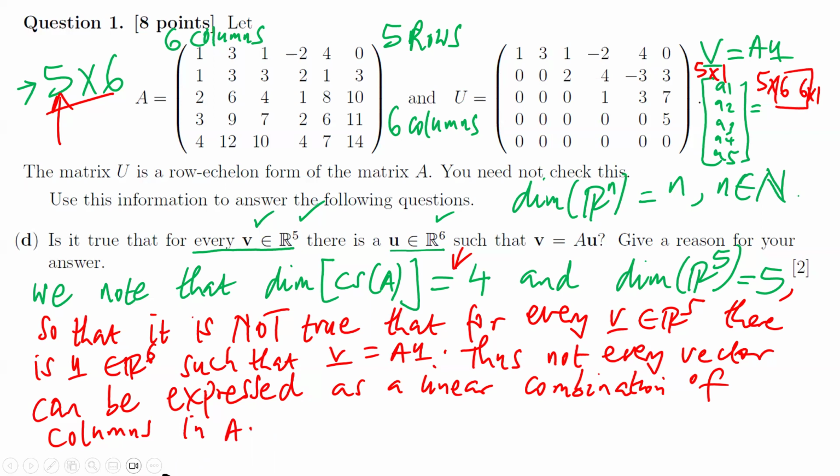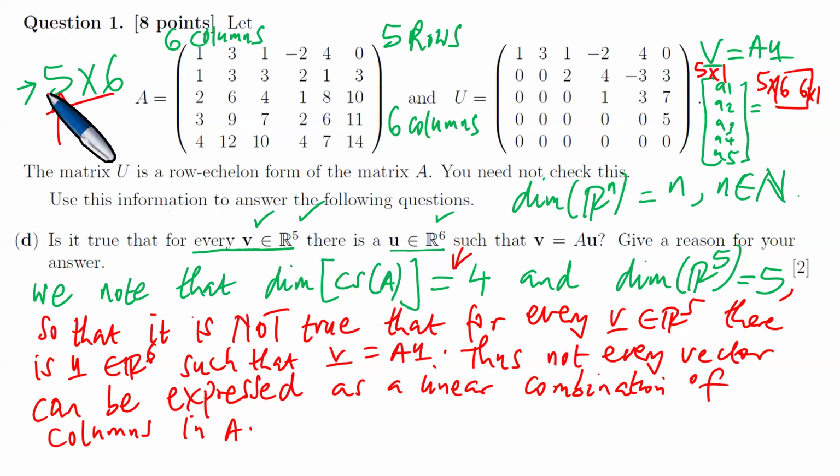Any question? Can you go over it again? All right, so obviously at this point, we're trying to analyze this and look at whether the claim by the examiner is always true. What is the claim here? The examiner is asking: is it true that for every vector V in R5, there exists a vector U in R6?